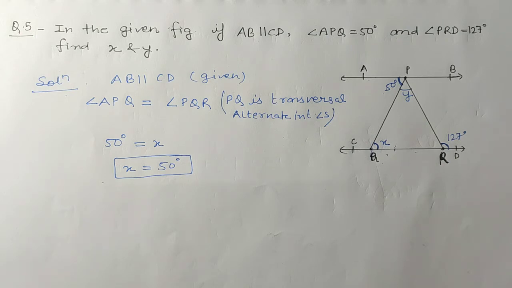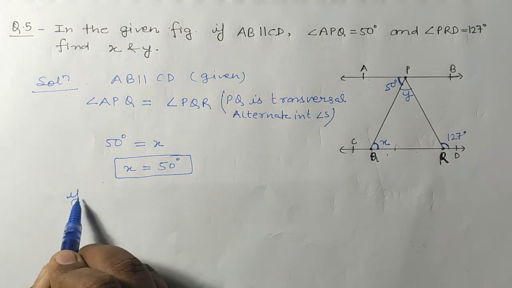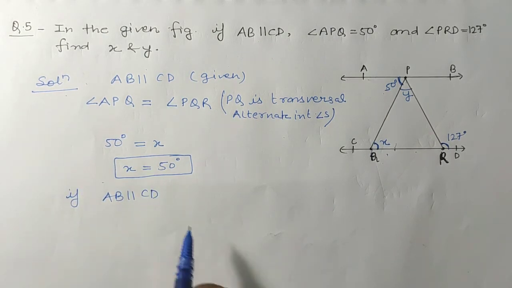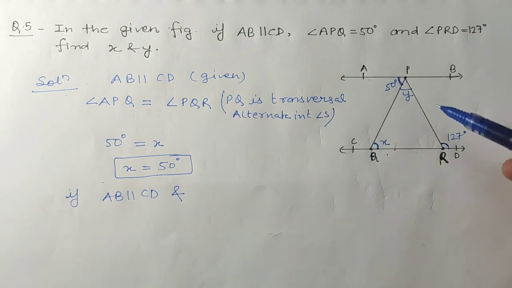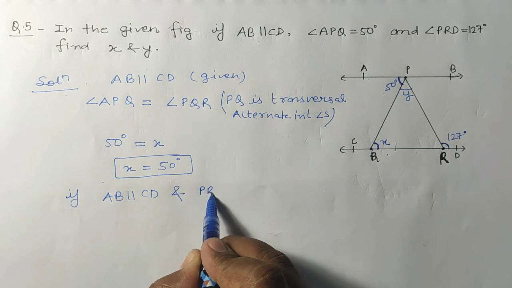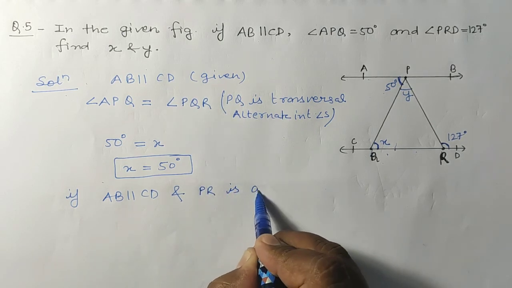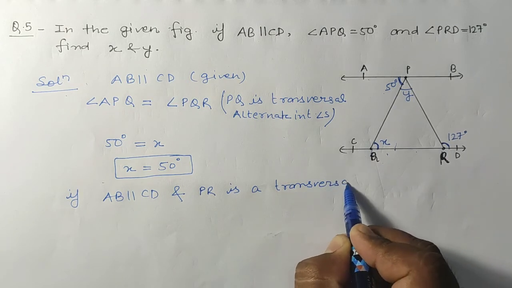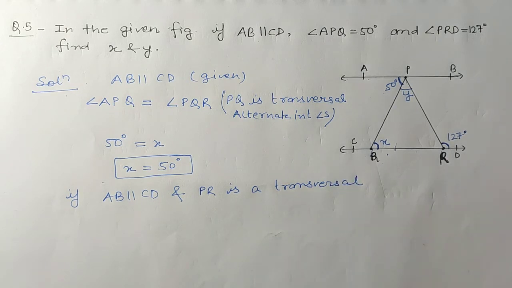Now students, we have to find the value of y. How we can find the value of y? See, if AB is parallel to CD and this time we are taking PR as transversal, and PR is a transversal.